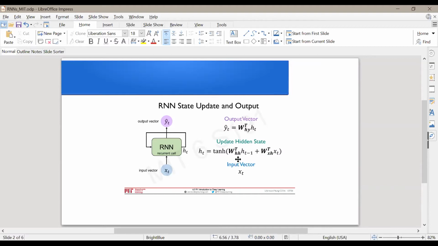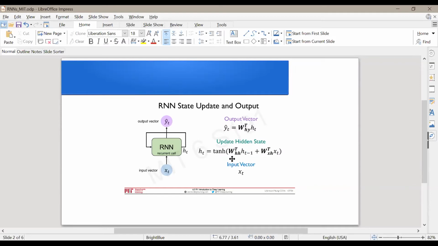And you can see that it involves 3 matrices. One is WHH, which stands for hidden state to hidden state. One is WXH, which stands for input to hidden state. And the last one is WHY, which stands for hidden state to y, which is the output. And so this shows mathematically how everything gets computed.